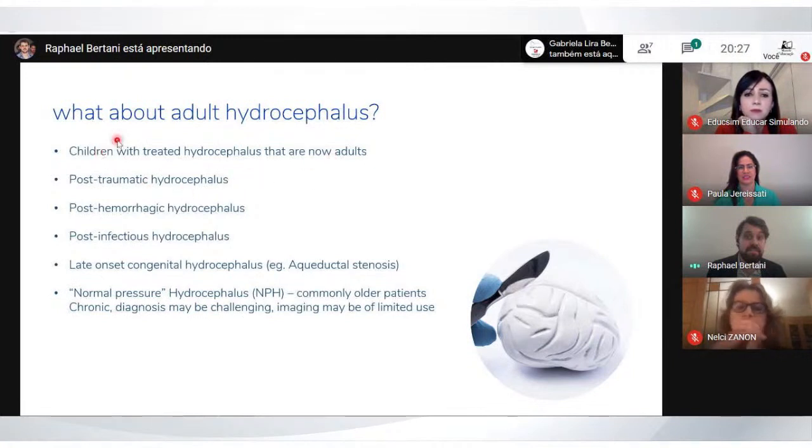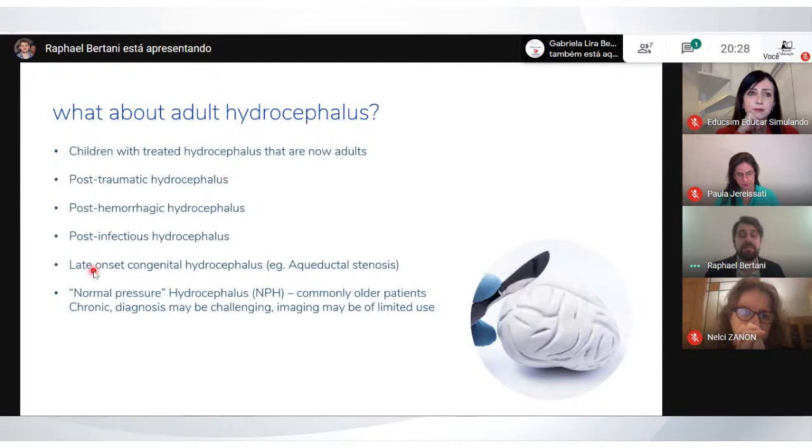And this is the congenital form of hydrocephalus, but it can also be acquired after trauma, after brain hemorrhage, after infection. Just like Dr. Giselle said, these events can impair the capacity of the brain, on the arachnoid granulations, to absorb the CSF back into the venous system, and this will end up accumulating.